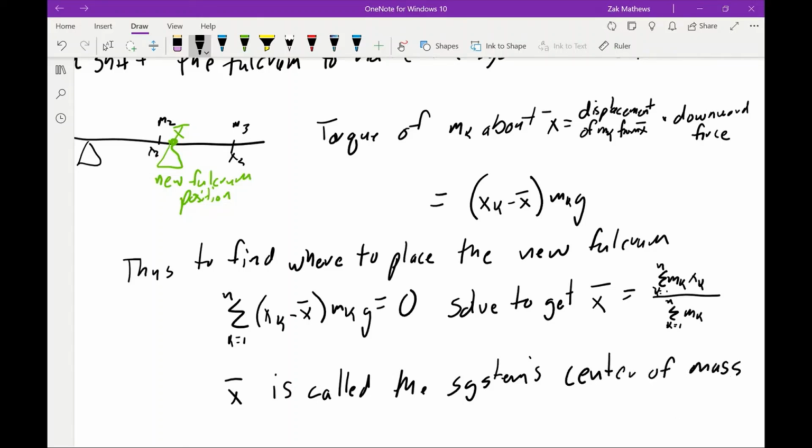If we want to figure out how to put that system in balance, where do we need to move that central point so it all balances? We need to calculate the center of mass, which we can do by taking the moment of the system and dividing it by the system's mass.